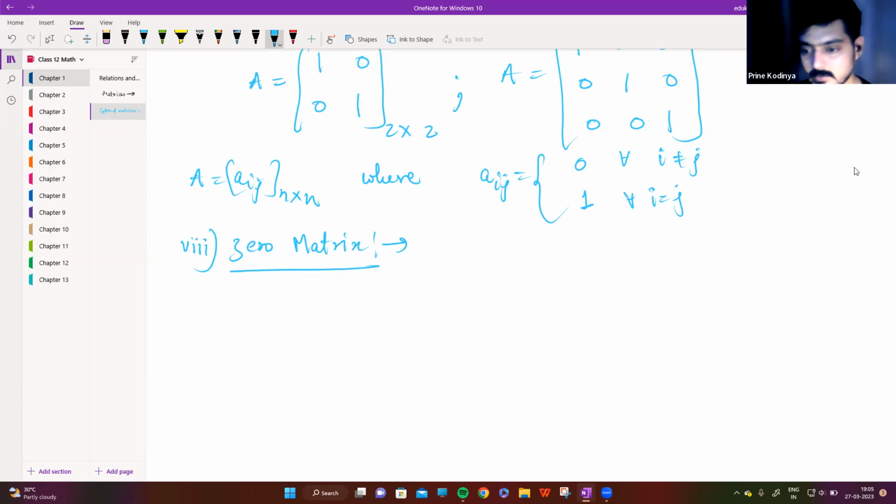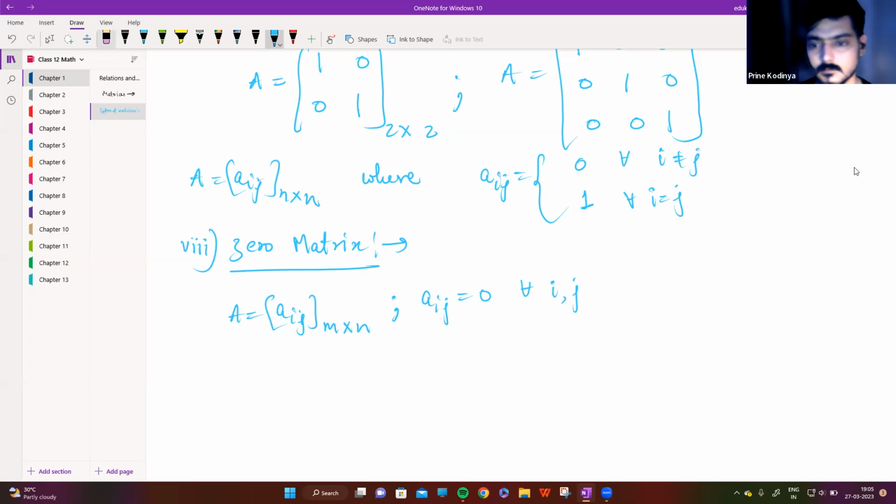Okay, zero matrices. So let's say you have A equals Aij, and this can be anything, m cross n, for all i, j equals 1 to m and 1 to n, basically.